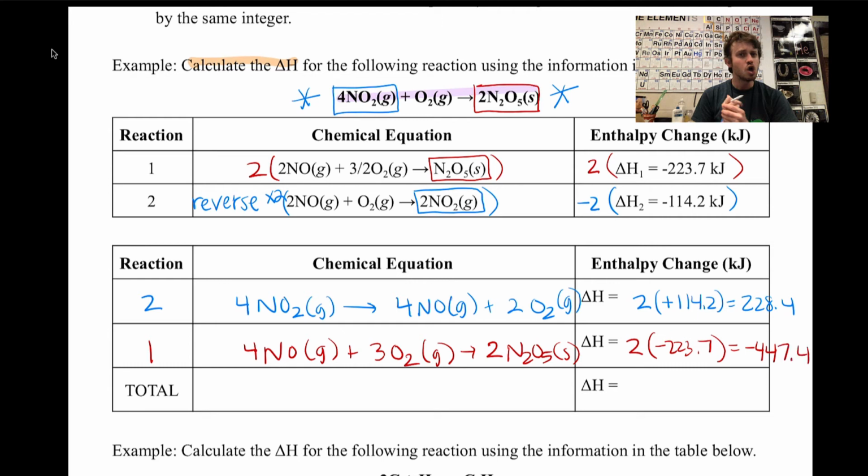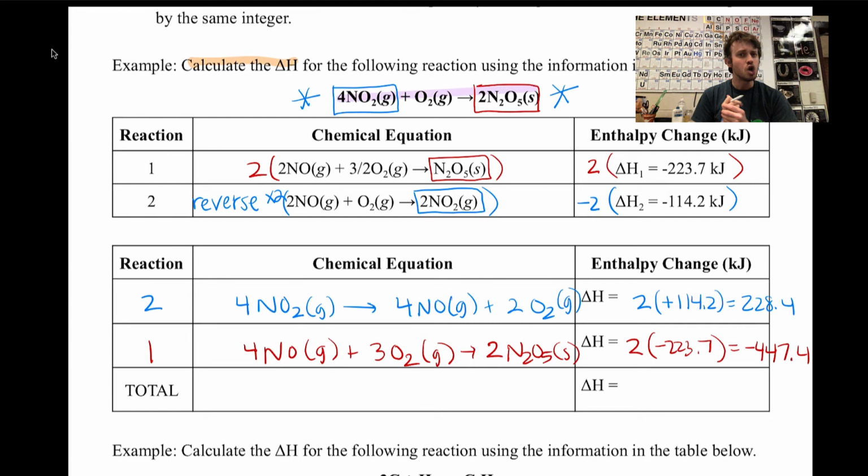What you need to do is make sure that the two reactions add up to the overall reaction that we are trying to build. So what I'm going to do is things that are on the same side of the arrow add together, and things that are on opposite sides of the arrow cancel each other out.